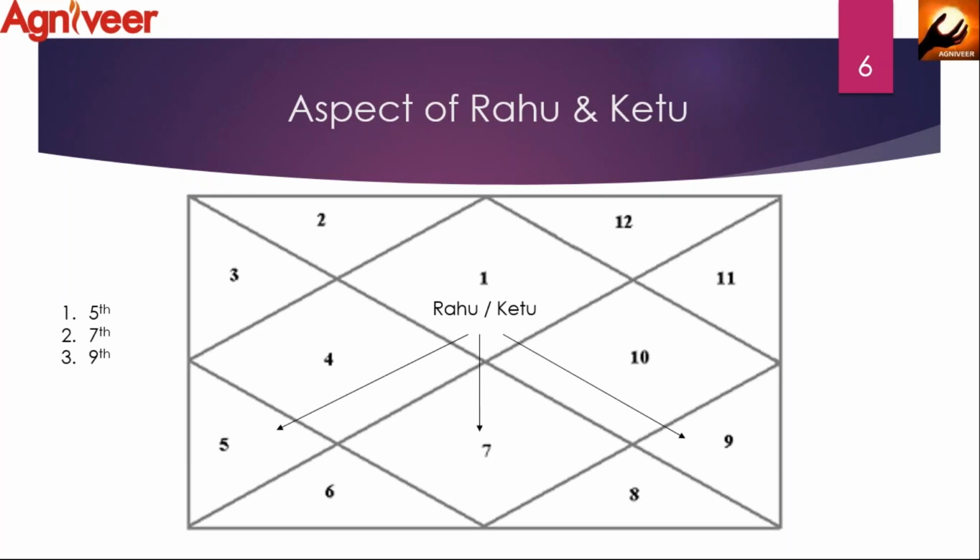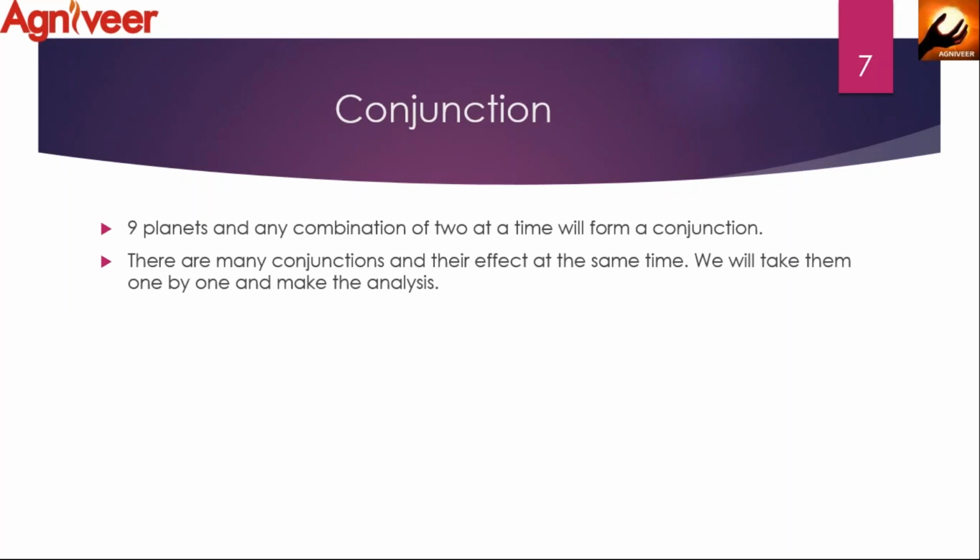One of the conjunctions, or aspects, that I will be talking about is Moon and Venus. Conjunctions can happen among all nine planets. If I take two at a time, sometimes three, four, or maybe seven at a time, they will form a conjunction. They will form some yoga.